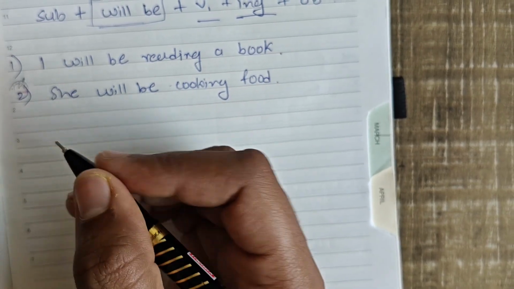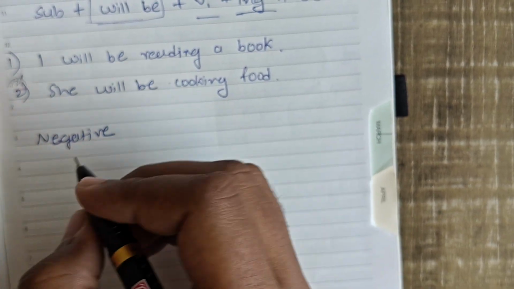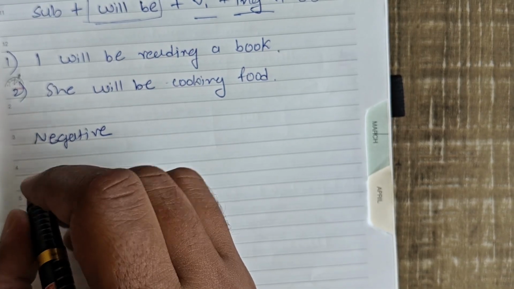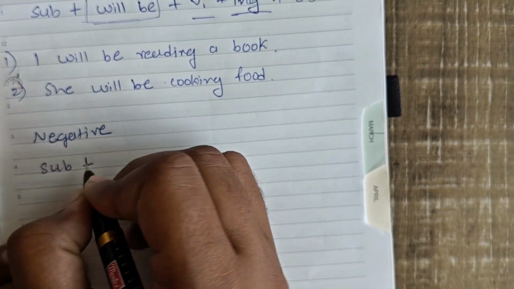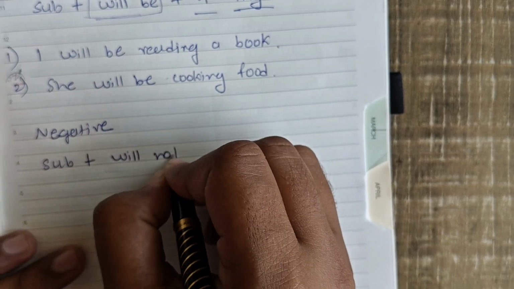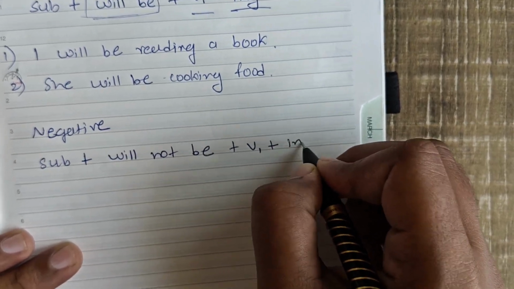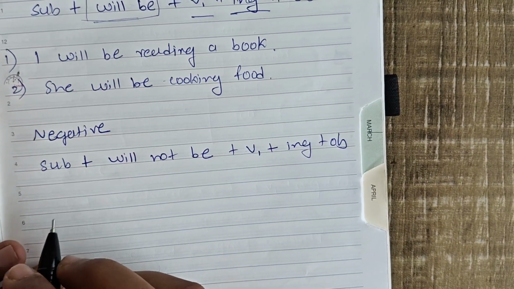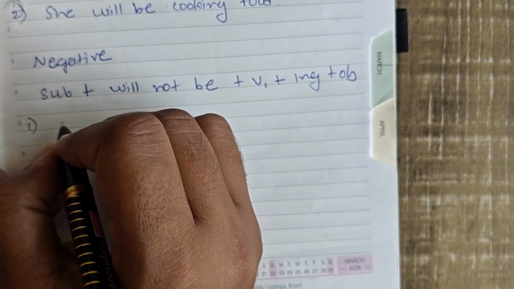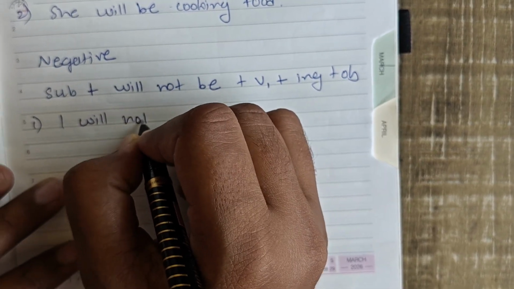Now let's see the negative sentences. Not too difficult: just add not in between will and be. Subject plus will not be plus v1 plus ing plus object. So, I will not be reading a book.